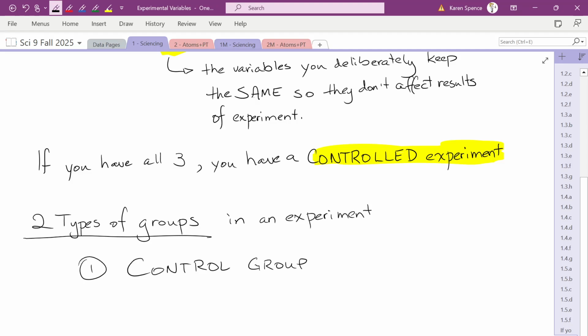Okay. Cool. All right. So the control group, have a chat with your neighbor about what the control group is. Describe to them to the best of your ability, what is a control group?